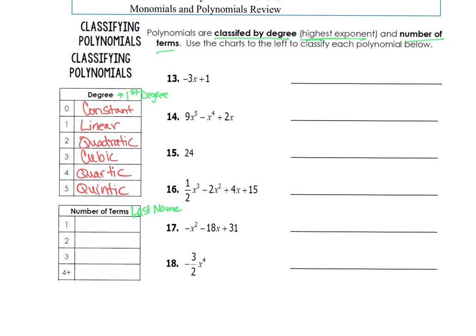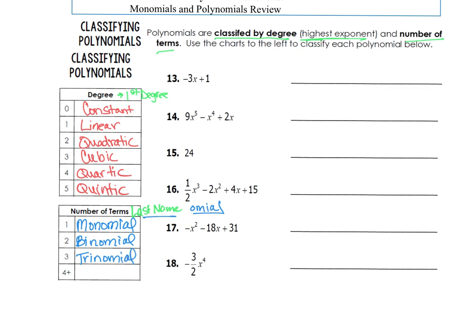Now the last name comes from how many terms are in the polynomial. So if we have a grouping of just one term, that is called a monomial. And our last name is always an omial family, and it has a different prefix. If there's 2 terms, the prefix for 2 is bi, so it's a binomial. 3 terms would be trinomial.